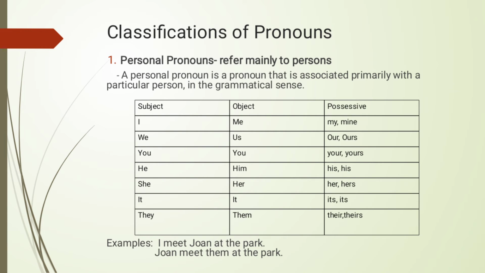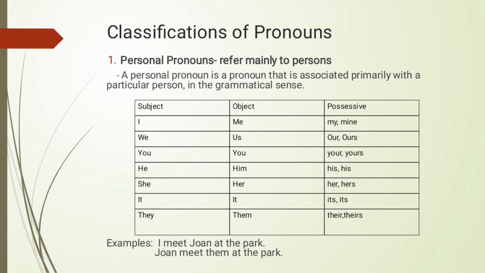Ngayon naman, subukan natin gamitin yung objective pronouns natin. Let's use the pronoun them. For example, Joan met them at the park. So, naging object na siya. Okay? Sino yung kinagtagpo ni Joan?